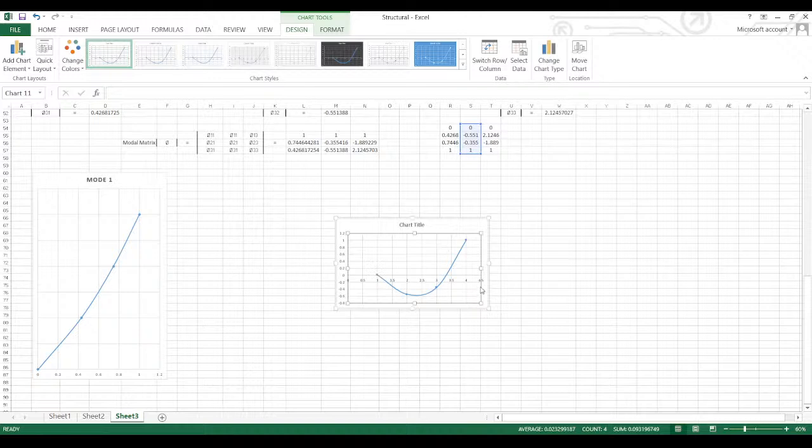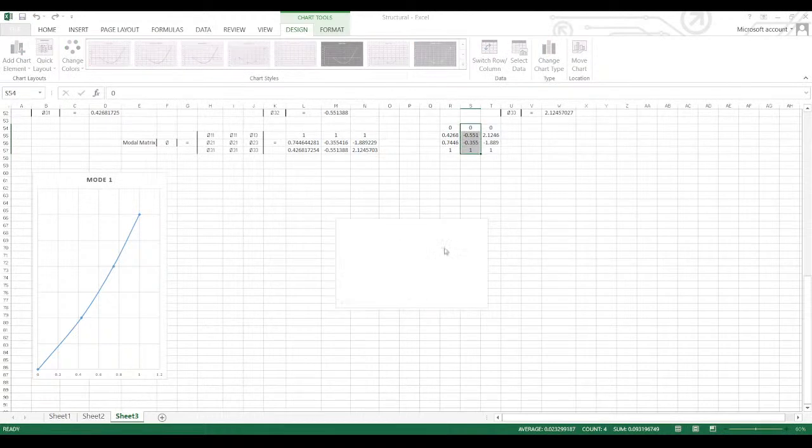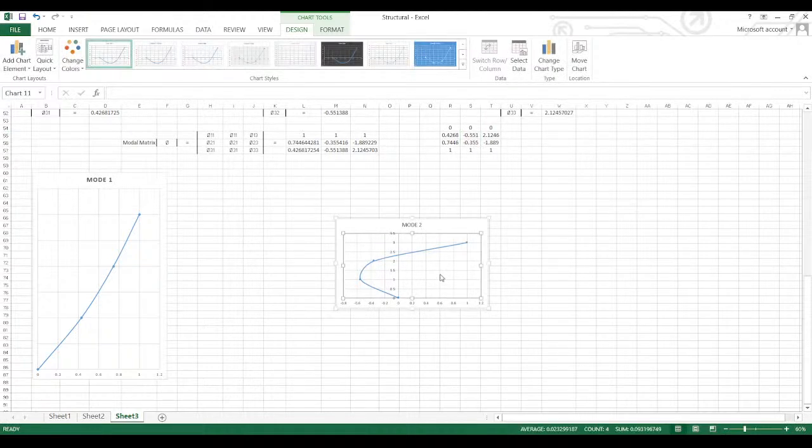Press here, select change type, change template, select data, remove, add, x-axis, mod 2. The x-axis value is like this, and this value 0, 1, 2, 3. Okay, this.